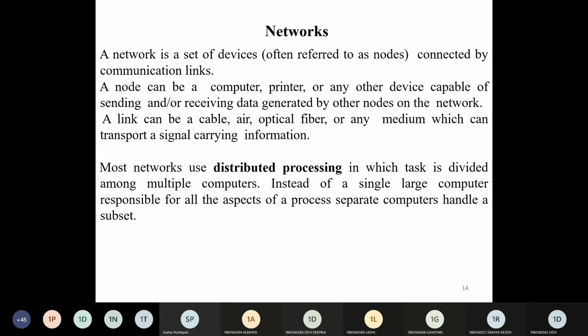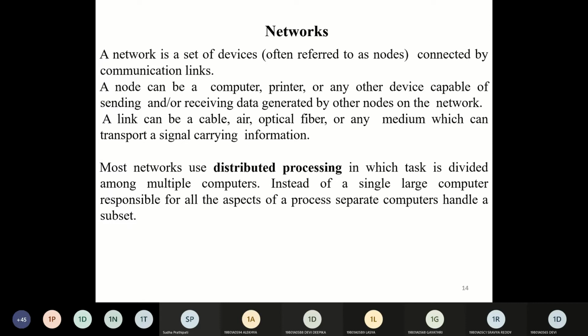The link is the communication link, which can be an optic fiber, microwave, Wi-Fi, or a wire cable. So any of the medium is considered to be a link over here. The purpose of the link is to transport a signal, and this signal will be carrying information. That is the complete definition of a network given in your textbook.